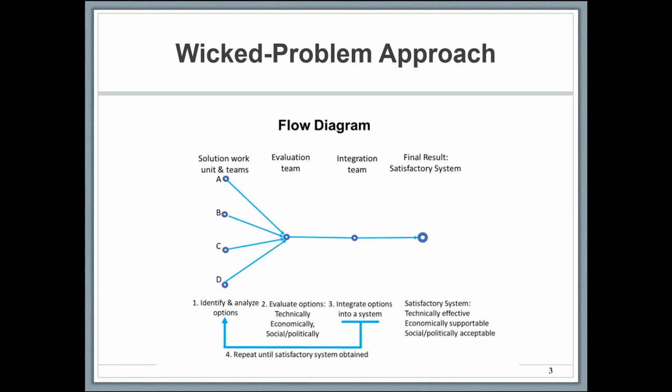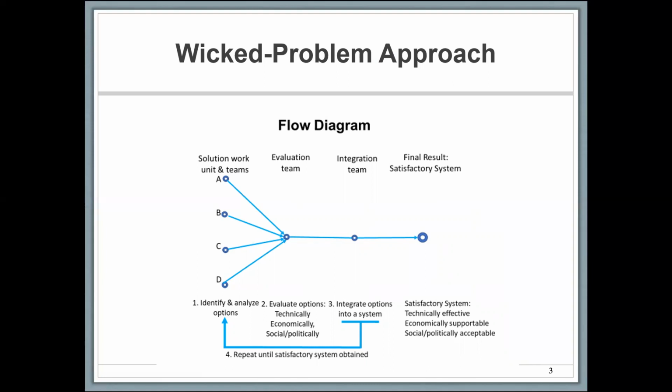Here we show the steps and teams used to carry out the wicked problem approach. Separate teams will analyze all solution work units simultaneously. The evaluation team then evaluates each option on technical, economic, and social political factors. An integration team combines the options into a system considering the evaluation results.